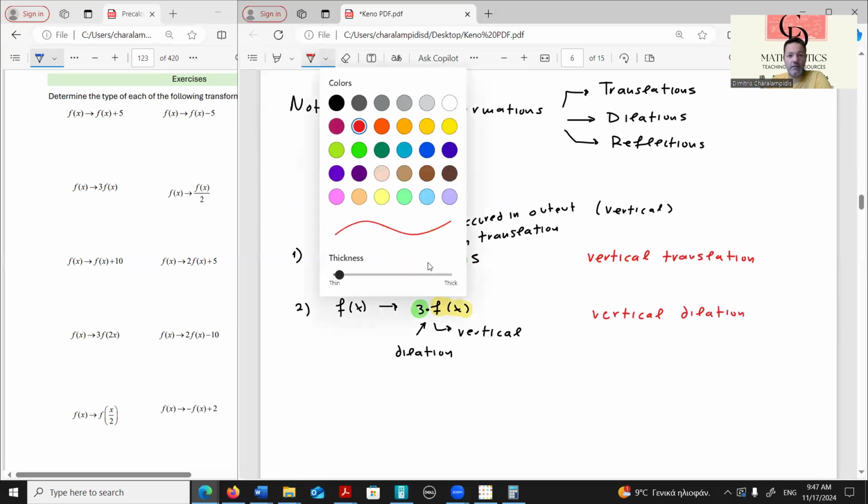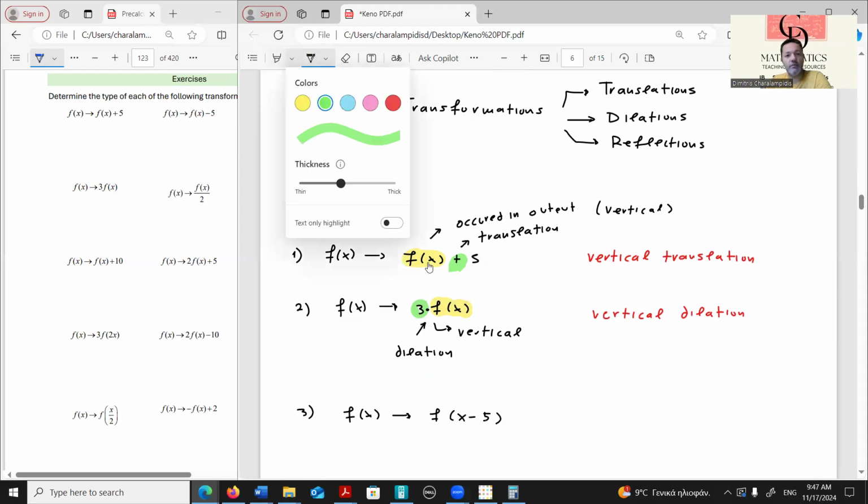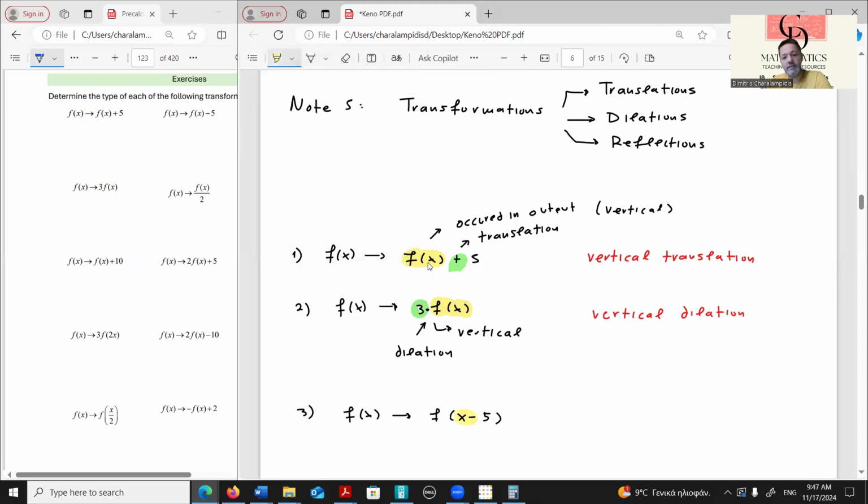Next, from f of x to f of x minus 5. Here we can see that the change occurred in the input. Input means horizontal.